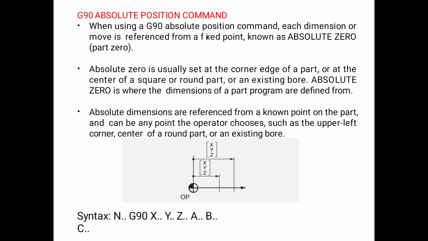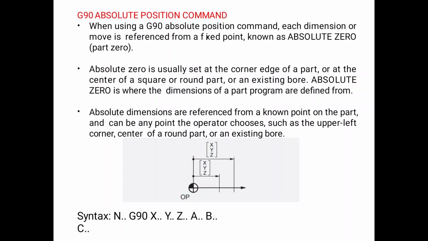When using a G90 absolute position command, each dimension or move is referred from a fixed point known as the absolute zero position. Absolute zero is usually set at a corner edge of a part, at the center of a square or round part, or at an existing bore.